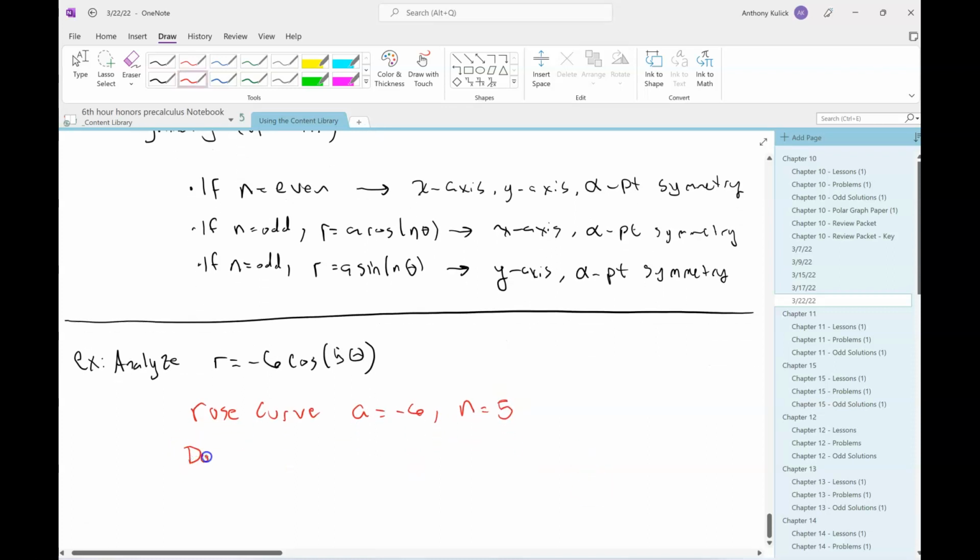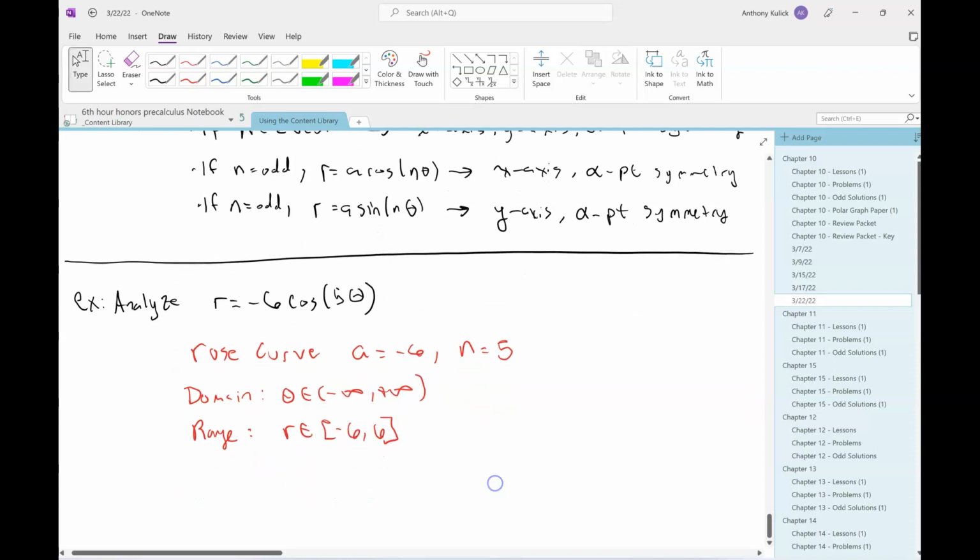So I know the domain, because it's a rose curve, is going to be all real numbers. The range is going to be from negative 6 to positive 6, where I know the minimum is at negative 6 and the maximum is at positive 6.